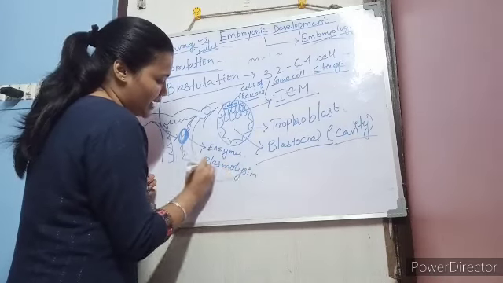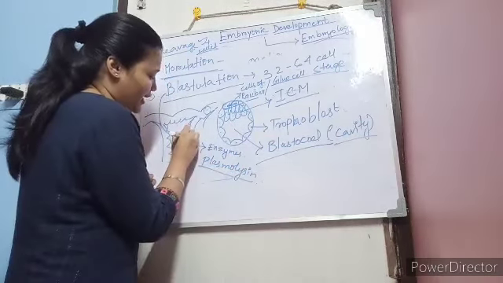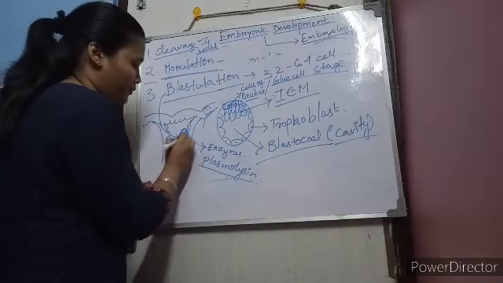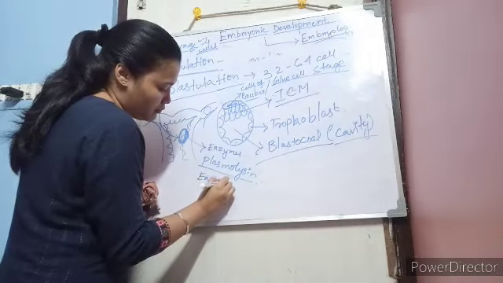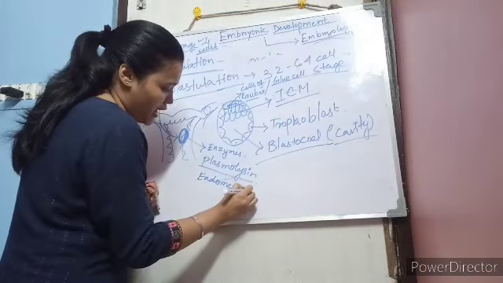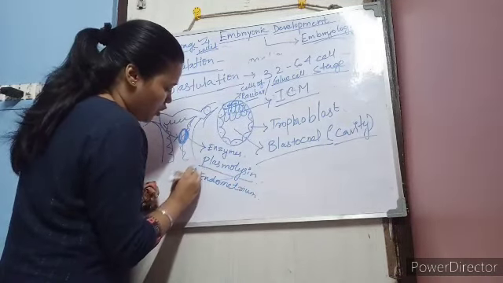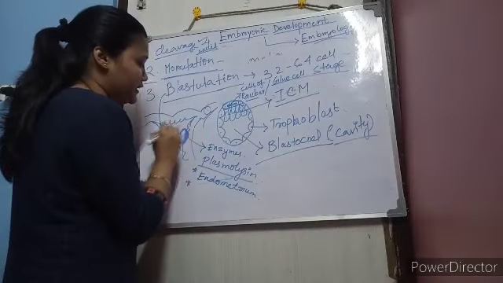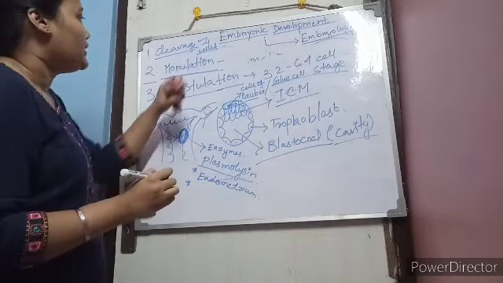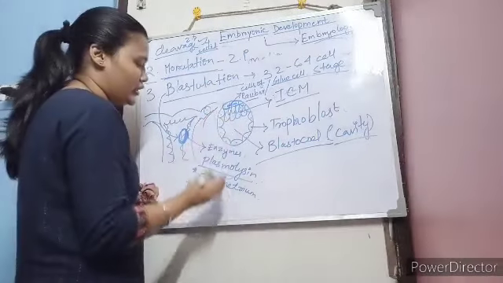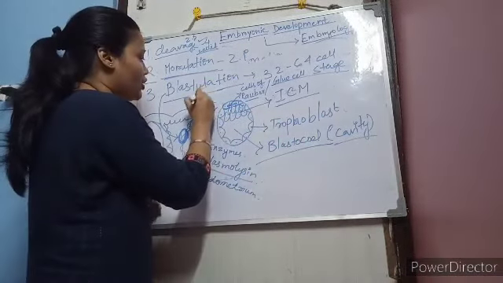Plasmolysine will penetrate and rupture the endometrium, and it will also rupture the zona pellucida, because in cleavage and morulation the ZP was there, but after blastulation the ZP is not there.